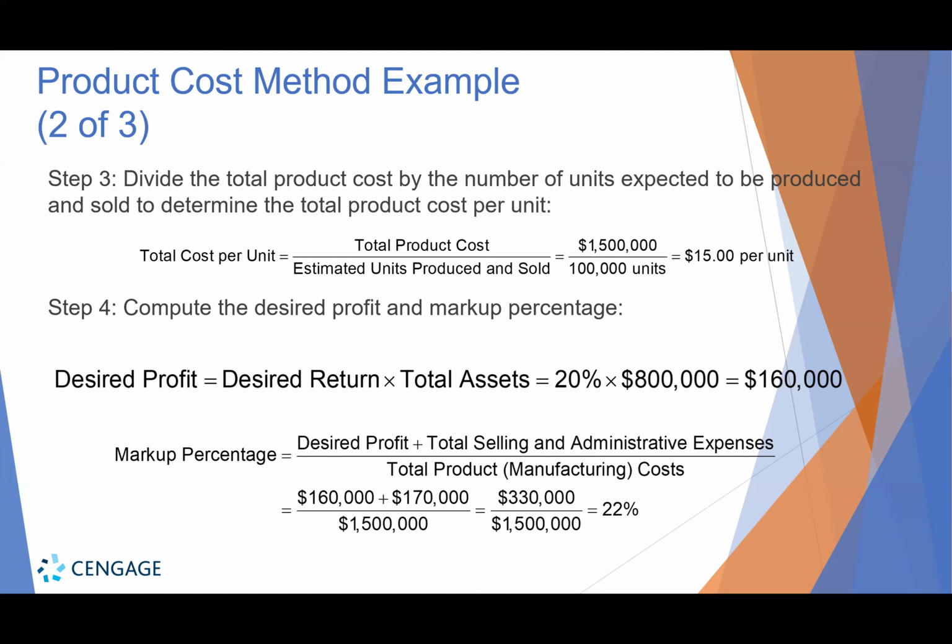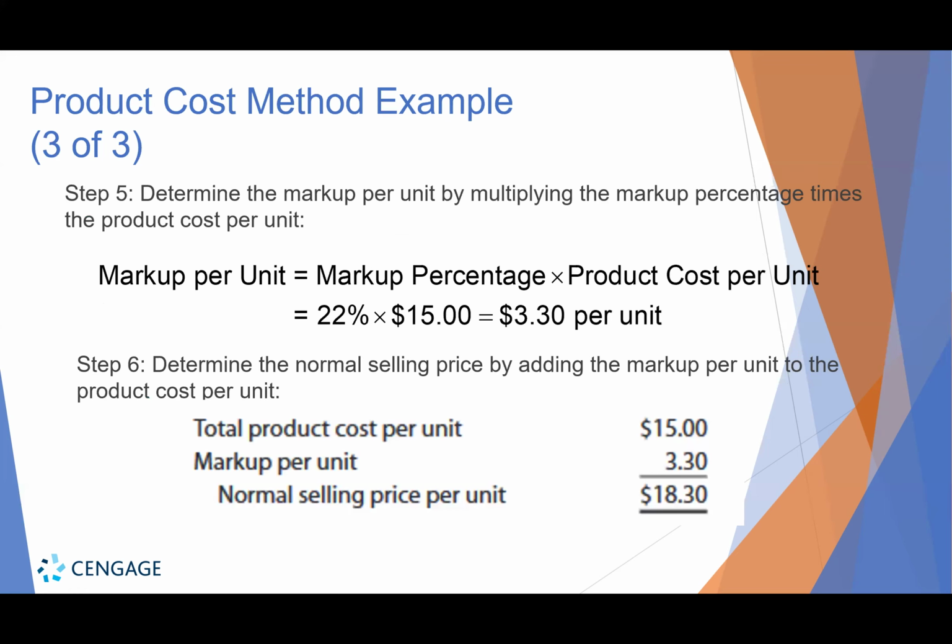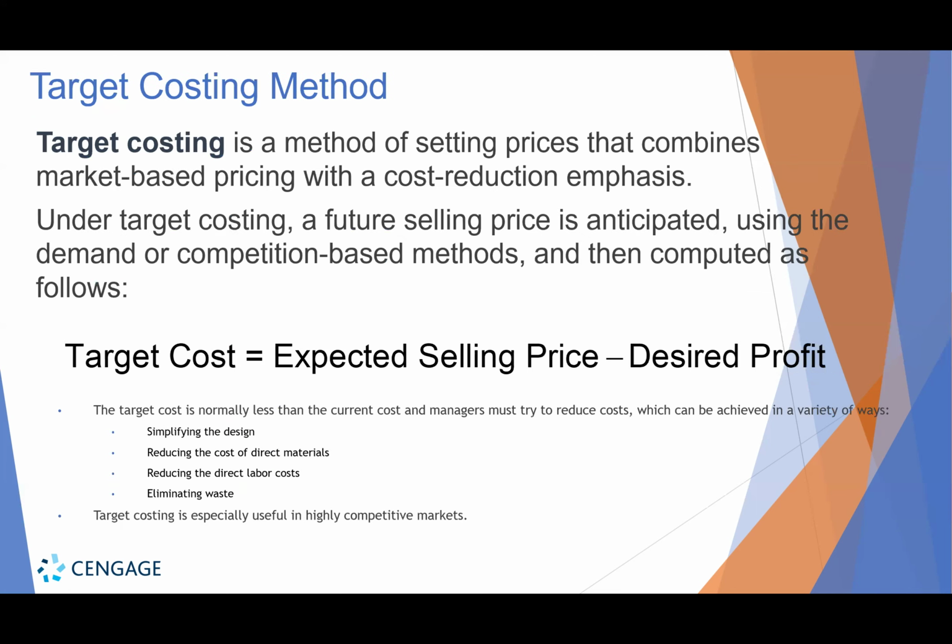We know what we need to sell the products for based on what we need to mark it up for. So we need to mark it up $3.30 per unit. And if our costs are sitting at $15, then we need to sell it for $18.30.